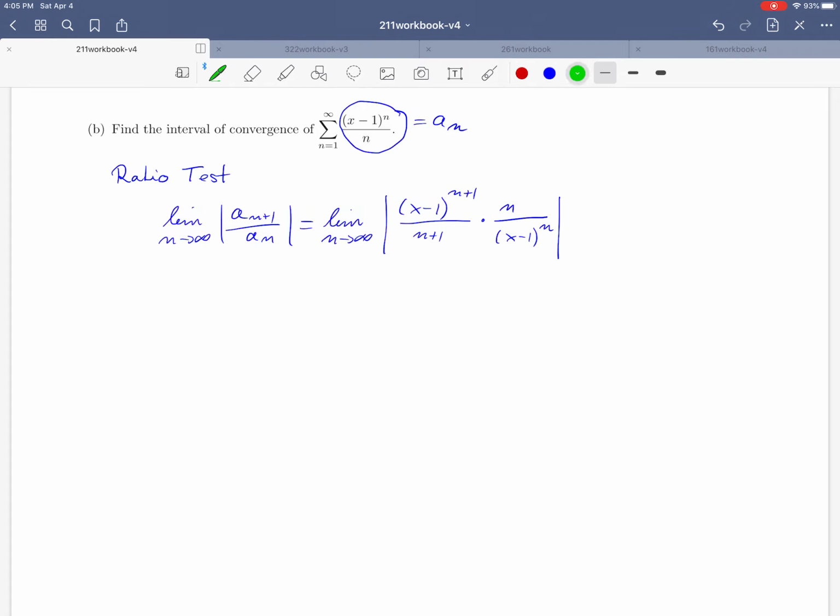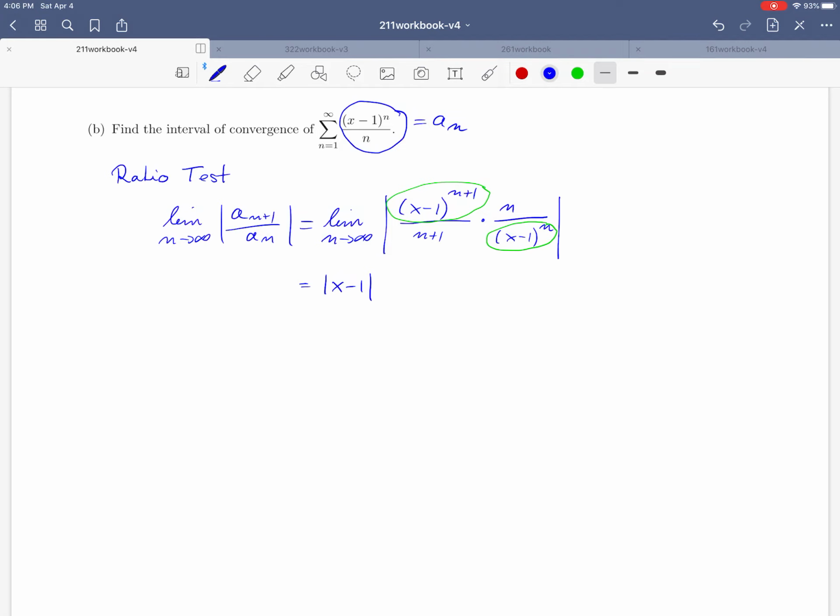If we regroup our x terms, we have a lot of common factors: (x minus 1) to the n plus 1 over (x minus 1) to the n. Most of those cancel out, and what we are left with is x minus 1. Since that doesn't involve n, we can factor that out and pull it out of the limit in absolute values.